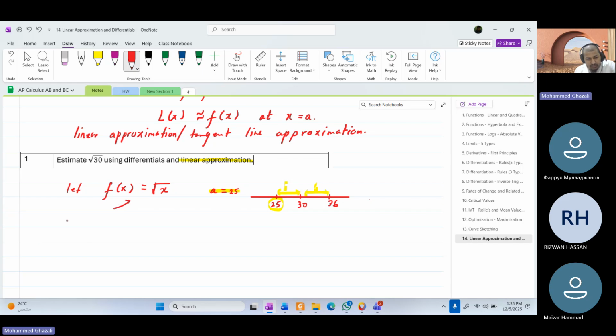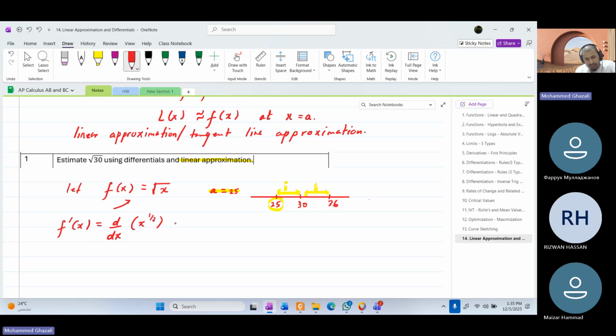So what we're going to do is find f prime of x. When you find the derivative of this, it is 1 over 2 root x. How I got that is because this is x to the power half. You're finding d/dx of x to the power half.